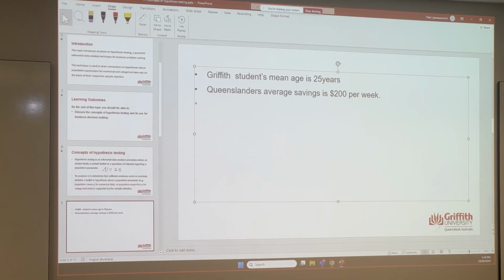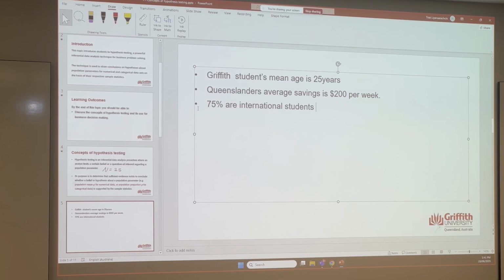But your example, we can put it like this: proportion, 75% are international students. So this is a proportion. You can see there is a number.